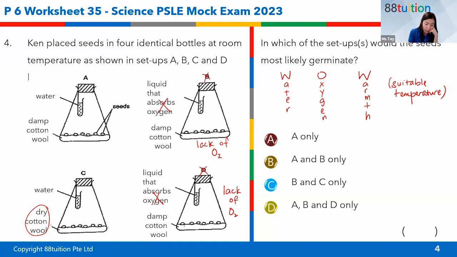Because if you want this water to evaporate, number 1, the water here might not be enough. Let's say Alex says this one evaporates, then the water droplets drip down. It might not be enough because this is a thick layer of cotton wool. You might have only a very tiny portion of the cotton wool that is moist.